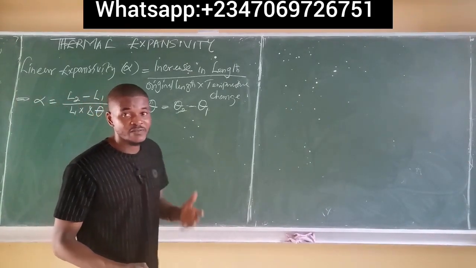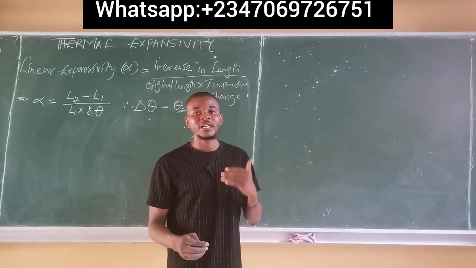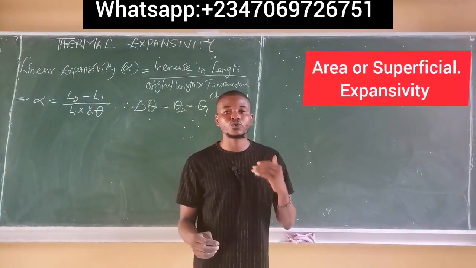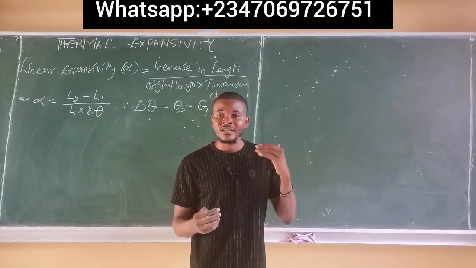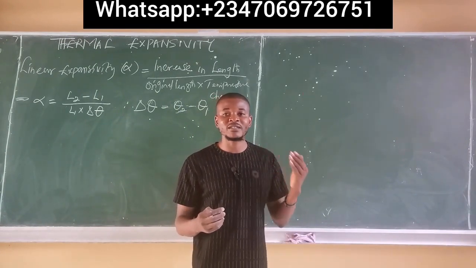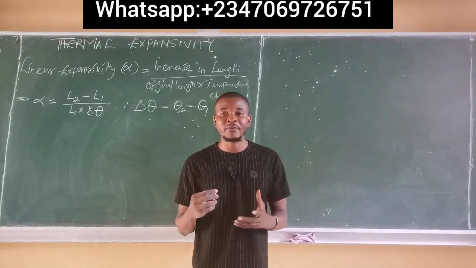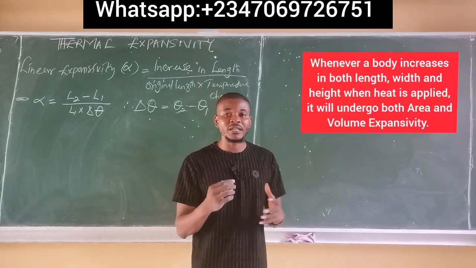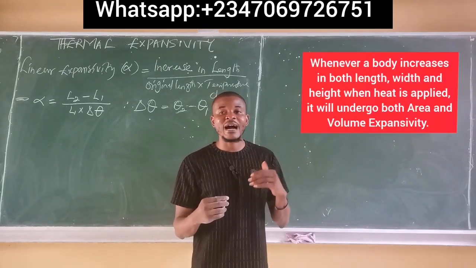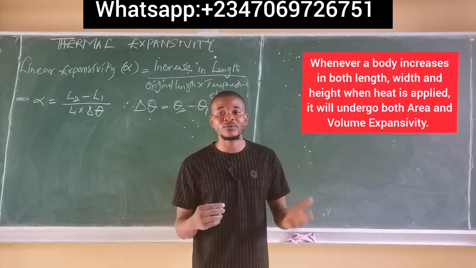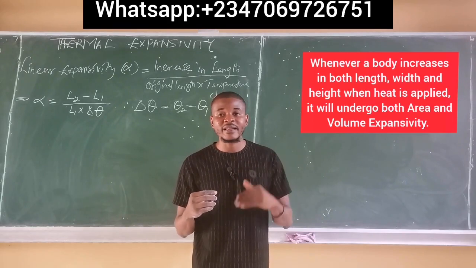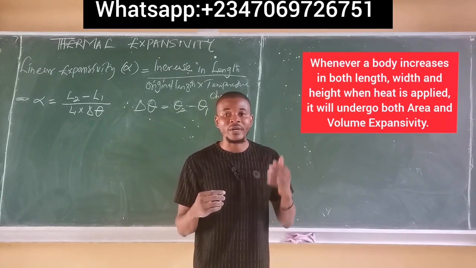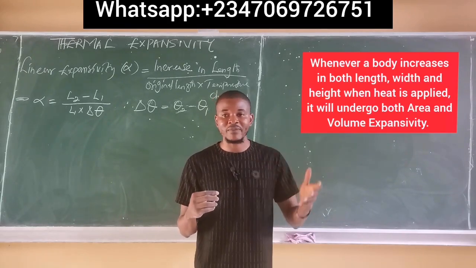The next type of expansivity we are going to be talking about is the area expansivity, or superficial expansivity. What is the area expansivity? Whenever a body increases in length, height, and width when heat is applied to it, then we say the body has undergone area expansivity, or volume expansivity.